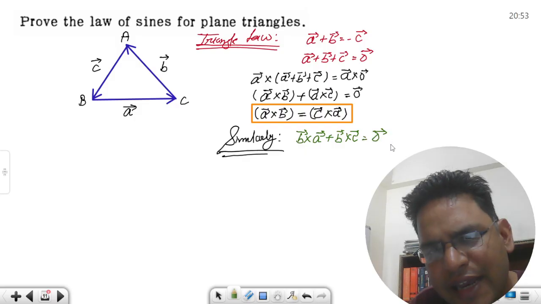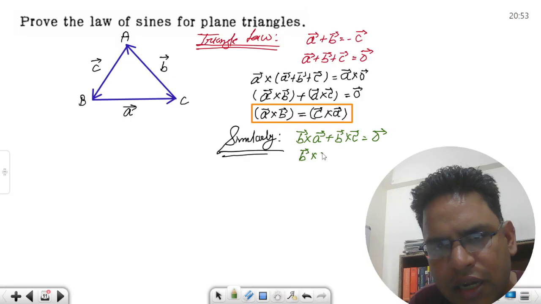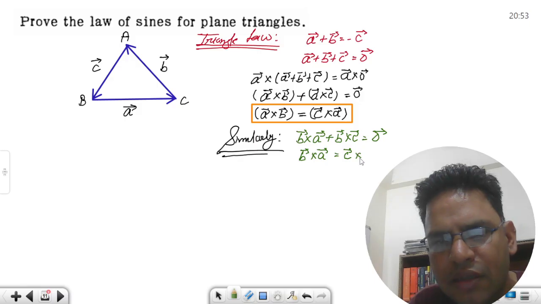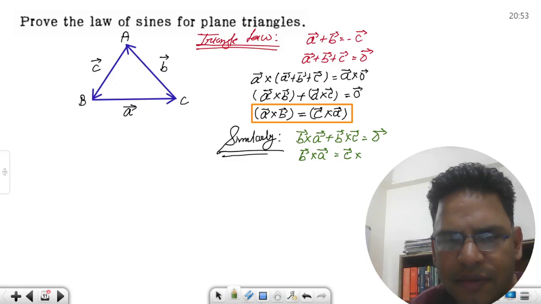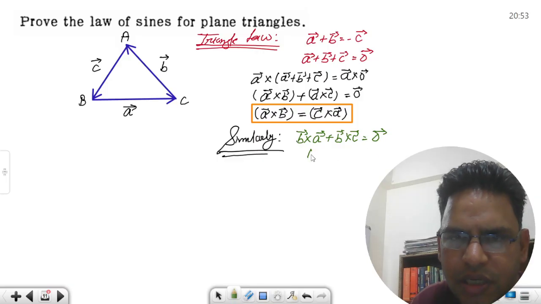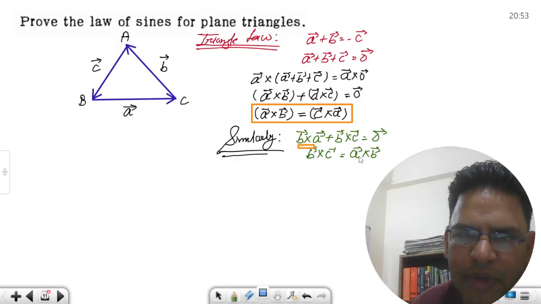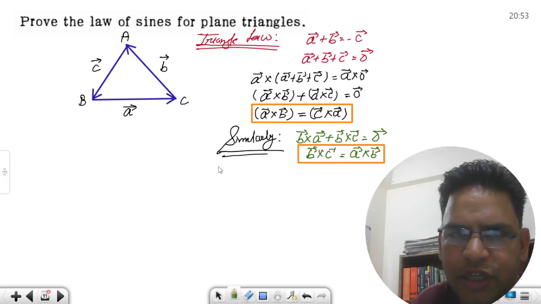Now if I take it to the other side, B cross A is the same as, in cyclic permutation, B cross C is the same as A cross B, because the minus sign will pick up the minus sign to write A cross B.